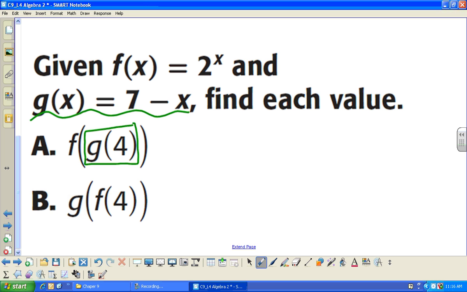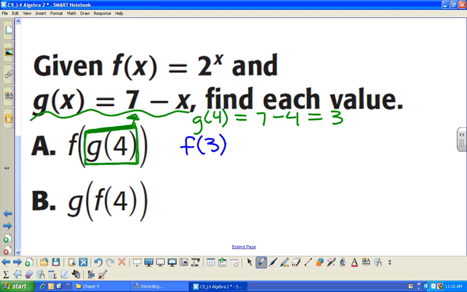This function of g of 4 is saying evaluate the function of g at x equal to 4. So my function of g at 4 would be equal to 7 minus 4, which is equal to 3. So that's my inside.